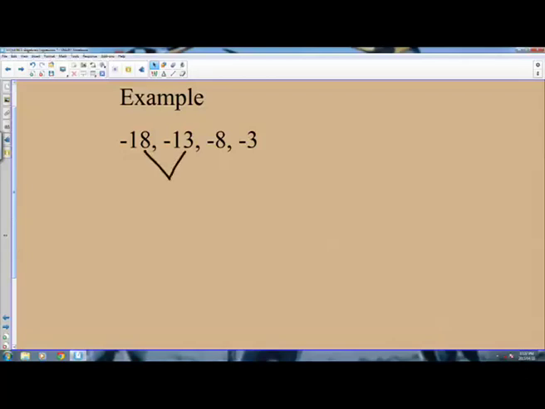The first difference is minus 13 minus minus 18. This will be minus 13 plus 18, which gives 5. And then minus 8 minus minus 13 is positive 5, and minus 3 minus minus 8 is positive 5. So the first difference is a constant.